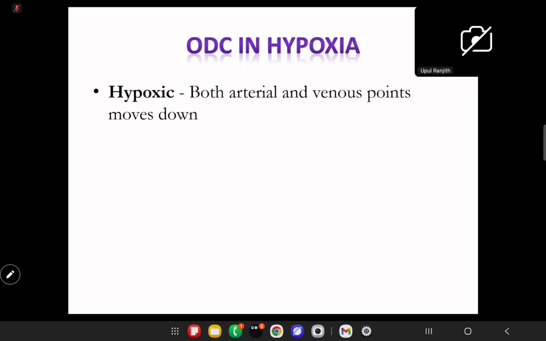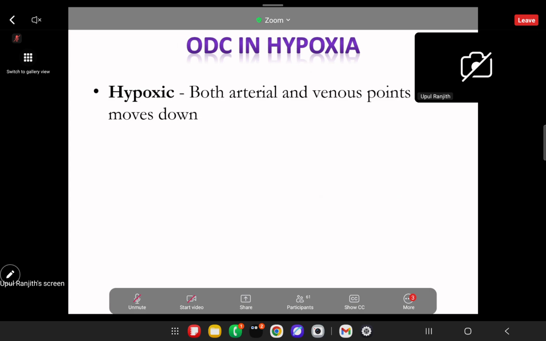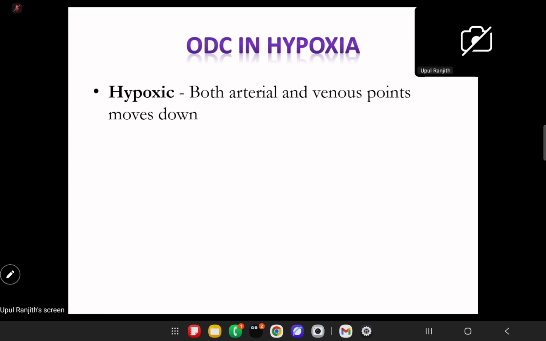Because of that, the point is shifted to the left. But the body tries to use the usual amount of oxygen, 250 at rest. The body is trying to extract the usual amount it wants, therefore the venous point moves down.